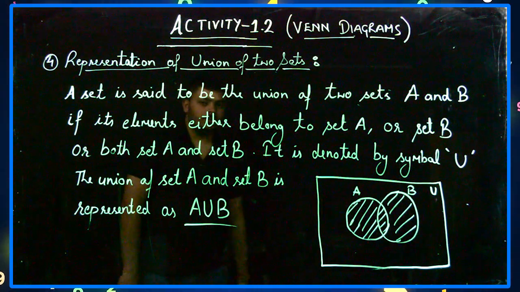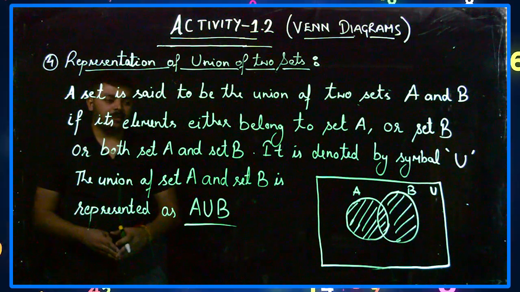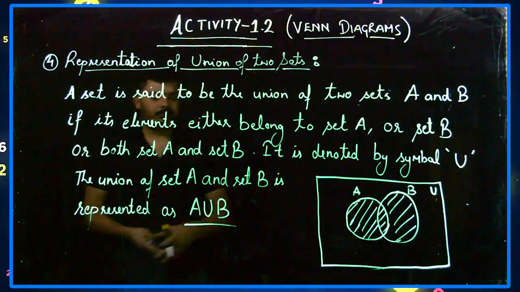So A union B is composed of all the elements of set A and set B.